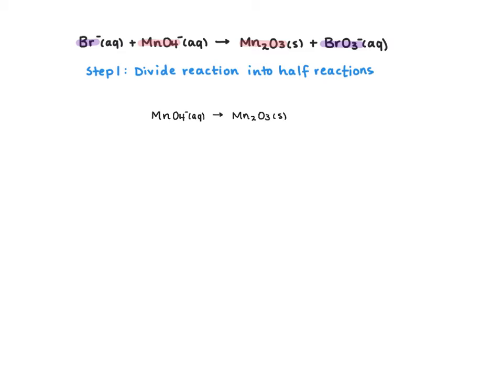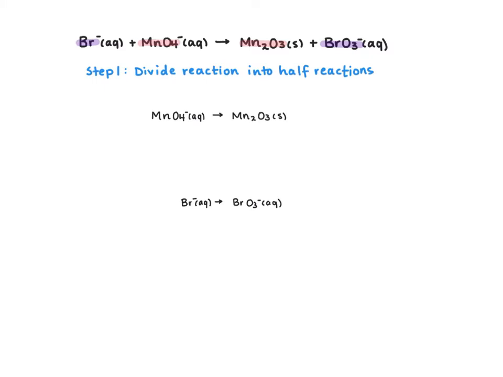So that's our skeleton of a half reaction for the manganese, and there's lots of work to do to balance this. Next, we're going to write our half reaction for bromine, which is a little bit simpler. Br minus to bromate.